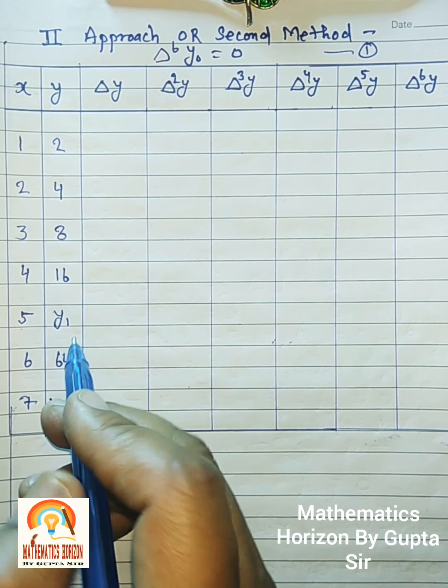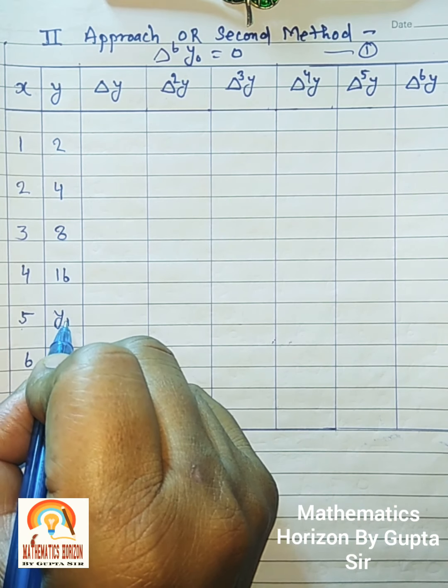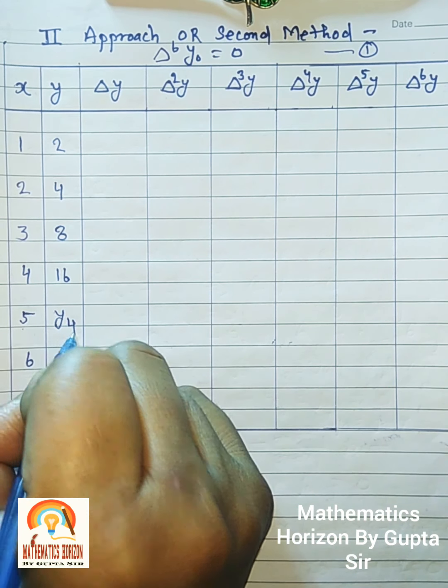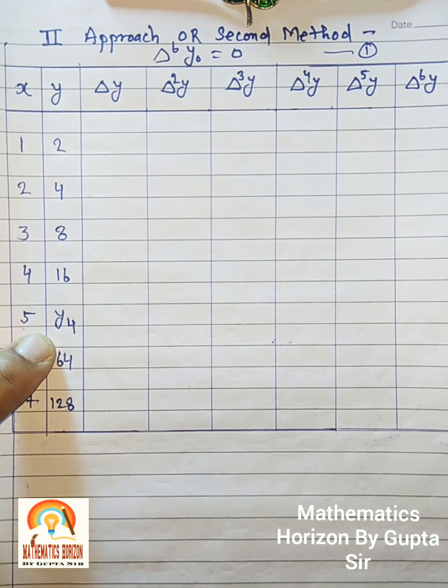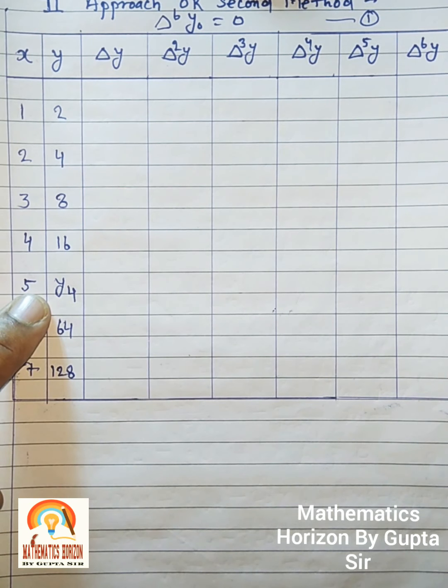We have to find this out. This is the missing term, so we write down this missing term as it is.